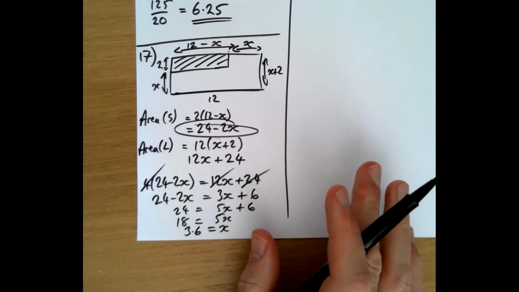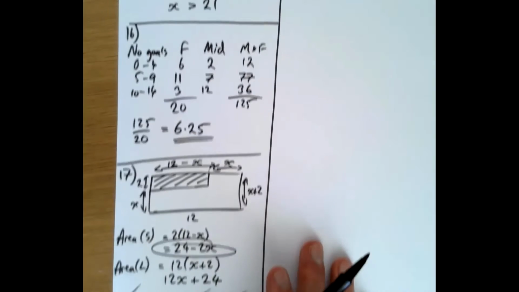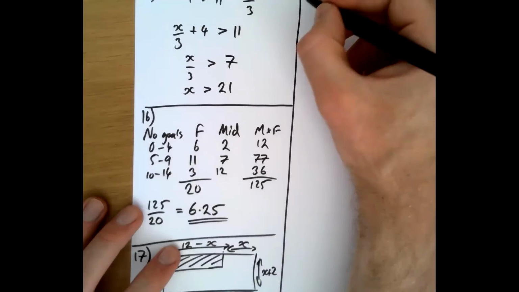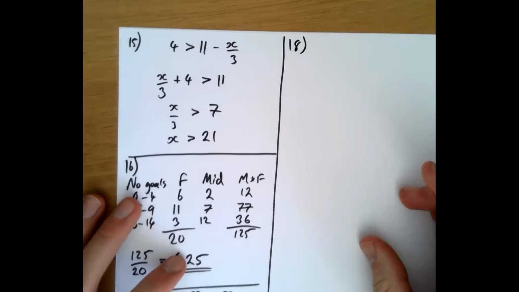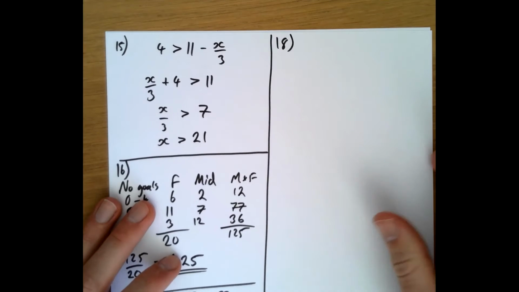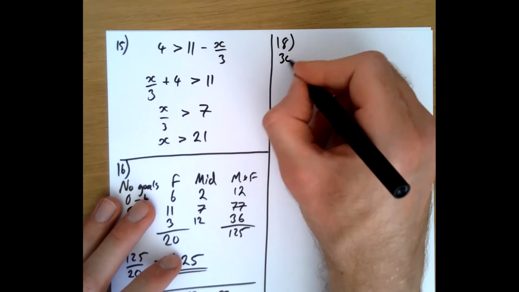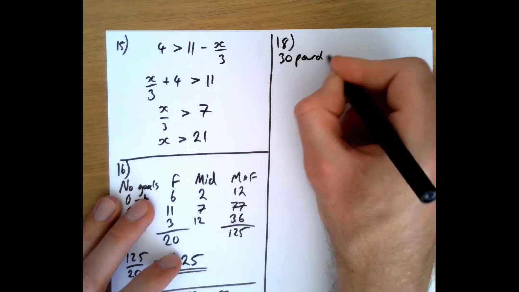Okay, number 18. Number 18 says the pressure in a tyre is 30 pounds for 1 square inch.